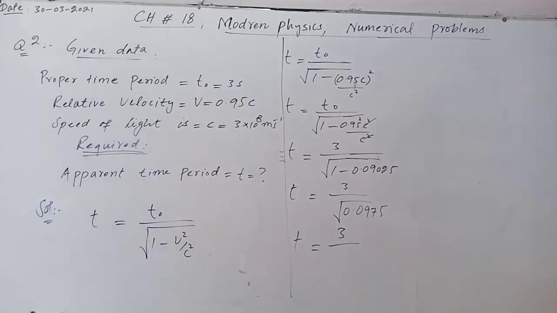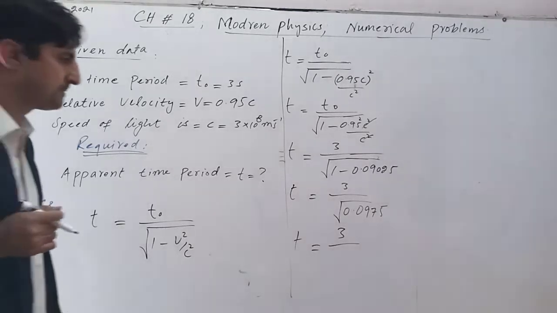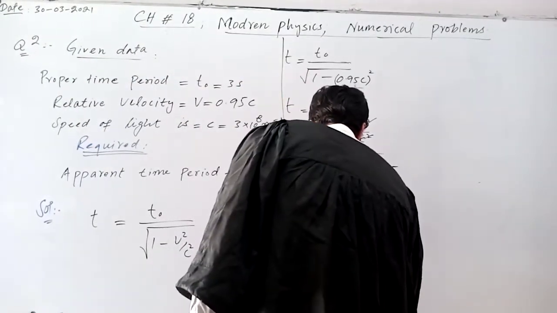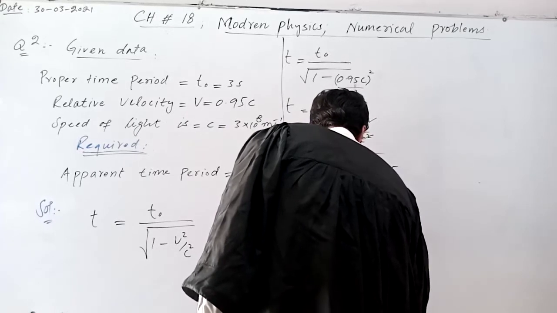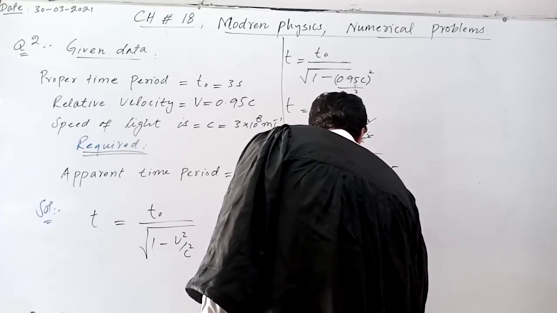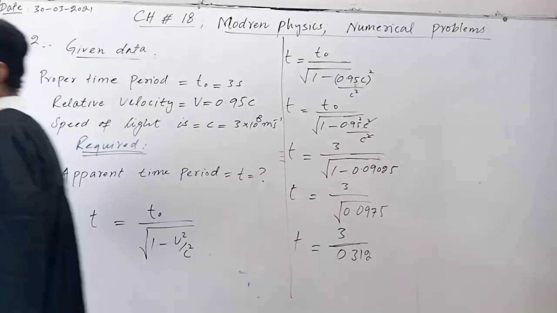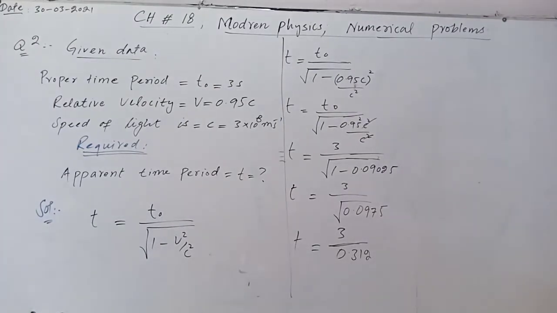So 3 divided by 0.312, by performing this simple calculation, we get 9.6 seconds.